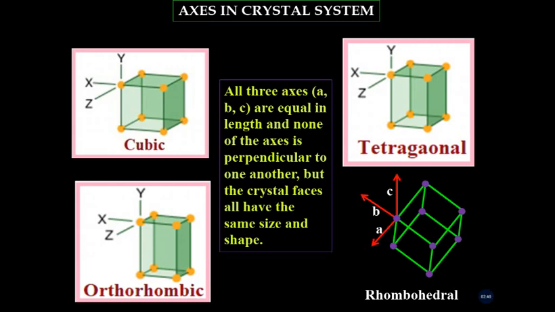In the trigonal system, there will be 3 sides. All 3 axes A, B, C are equal in length and none of the axes is perpendicular to one another. But the crystal faces all have the same size and shape.